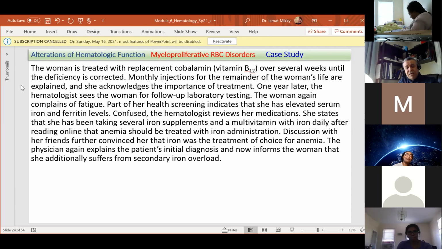It's kind of like the teaching or education provided came only from online resources, as teaching tips about how to treat the anemia, and it resulted in her taking too much iron.